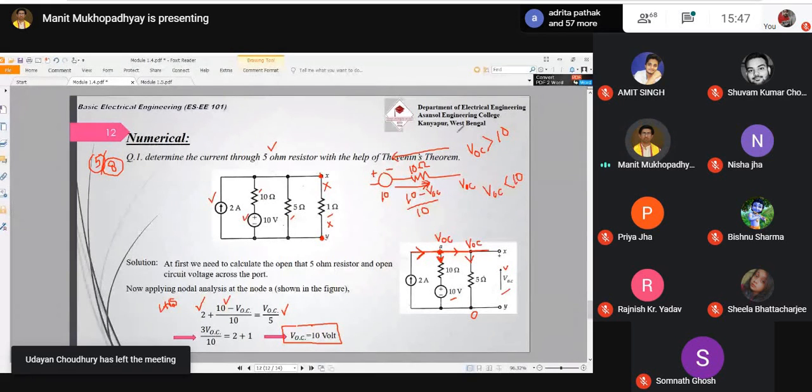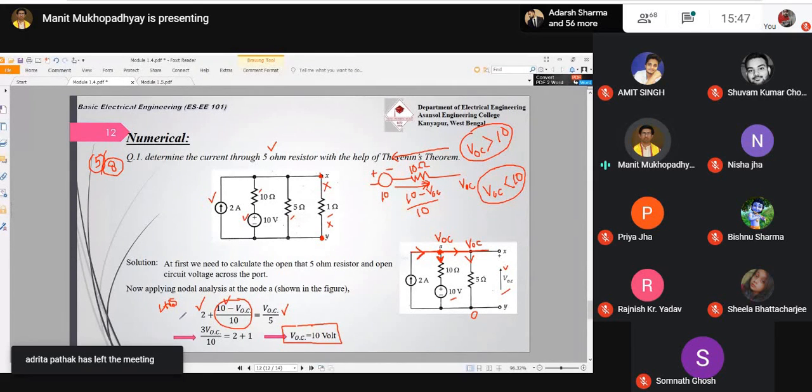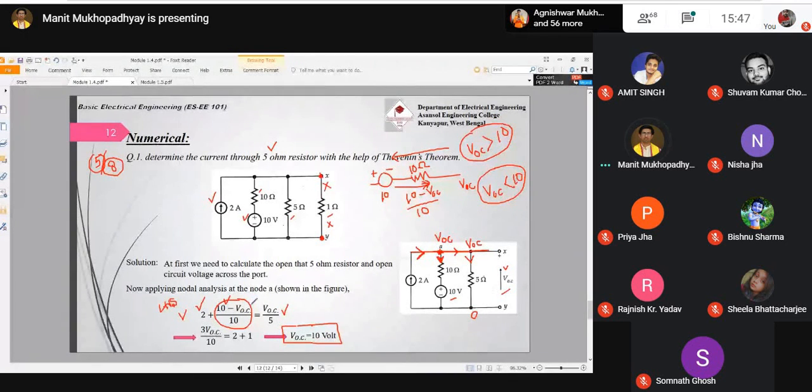Okay, and in both cases, your answer will be the same. Here in this question, what is our assumption? Can anyone say? 10 is greater than VOC. Okay, so now I am writing this equation where VOC is greater than 10. Let's check whether it is giving the correct answer or not.